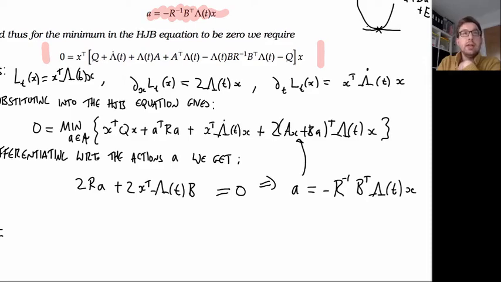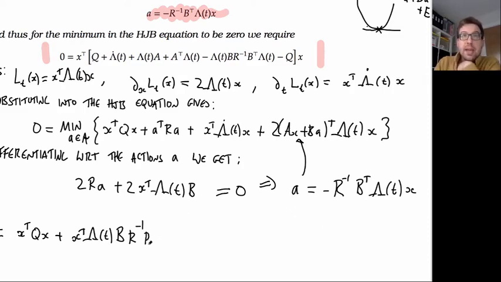So I need 0 equal to x transpose Q x plus A transpose R A. That's going to give me from this A transpose lambda t B R to the minus 1 times R to the minus 1. So overall it's going to give me an R to the minus 1 in here.